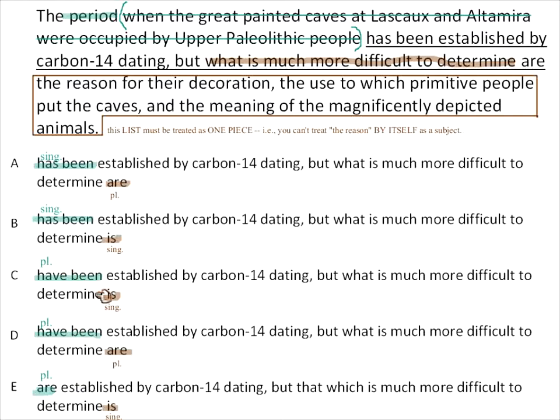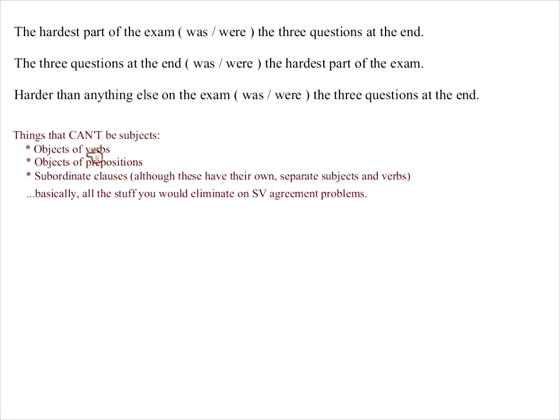And anything like carbon-14 dating can't be, because it's by carbon-14 dating, which is a prepositional phrase. So these things are not the subjects of the main sentence. If that makes sense, then give me the smiley face icon. Okay, we're getting a lot. Good, a lot of smiley faces.